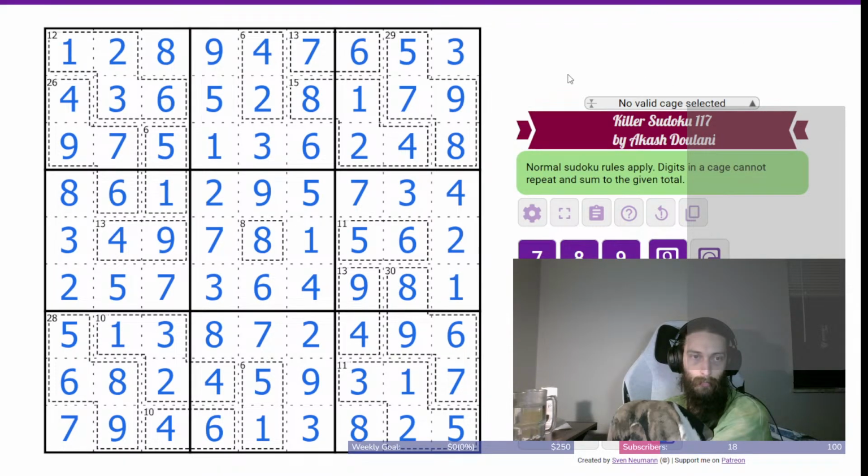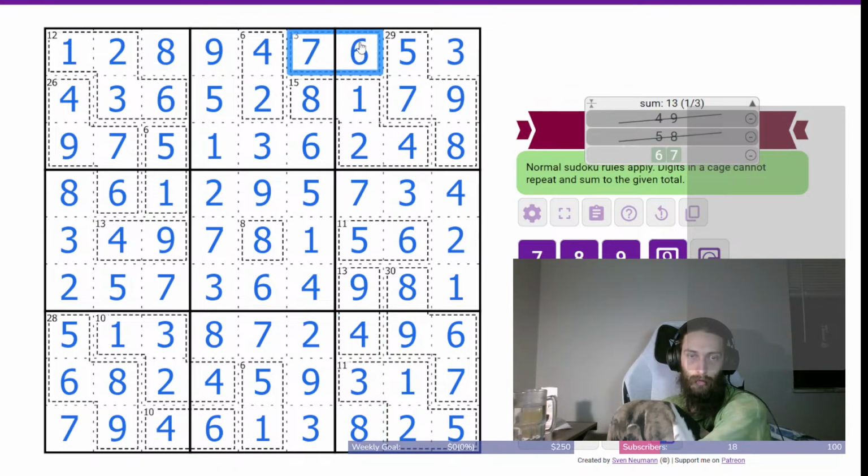But there were a couple of things that we missed that would have sped things up. We knew that this 4 was here, and that took a long time to fix this 13. Yeah. And that 6 fixed a 6 over here. Because you couldn't do 1, 2, 4, 5 in this 12 ever because of this 6.